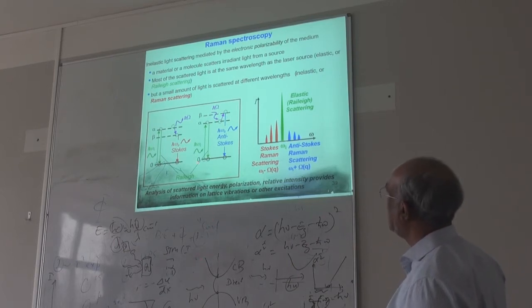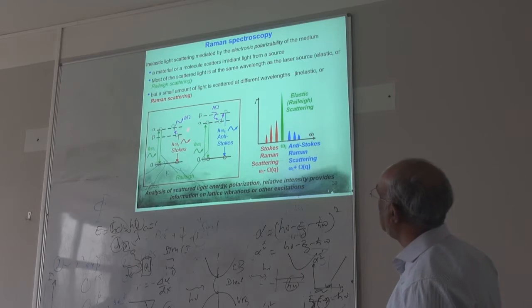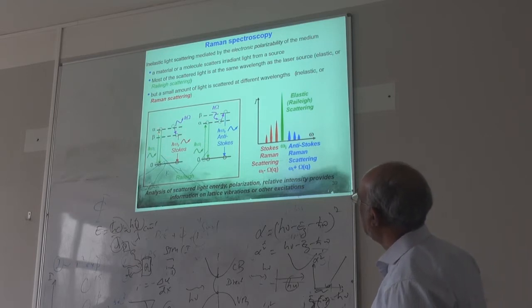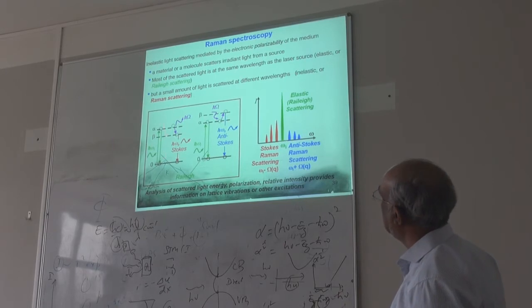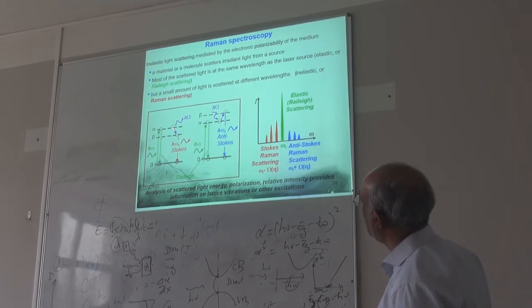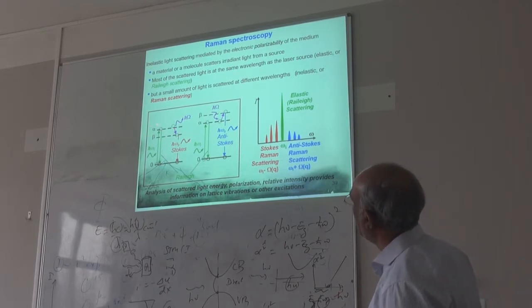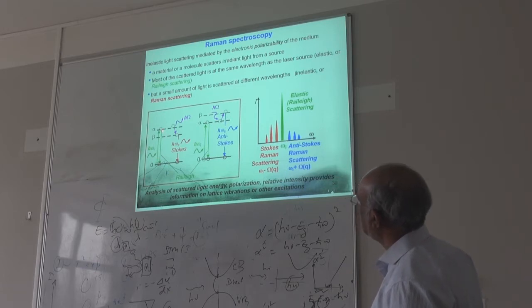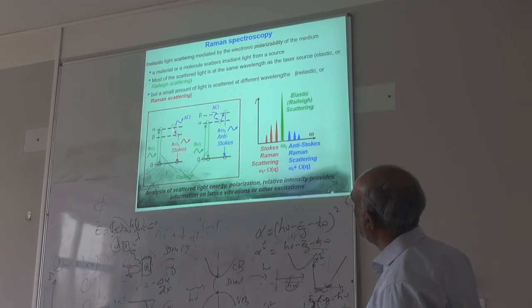But in the Raman case, Stokes means you have energy less than that one, because this is how it's initially excited, then due to phonon creation, it will lose some energy. Now you are only emitting less energy.